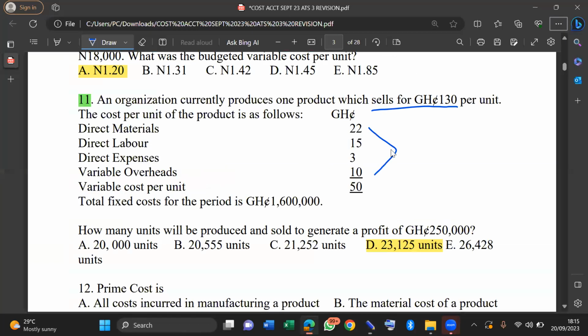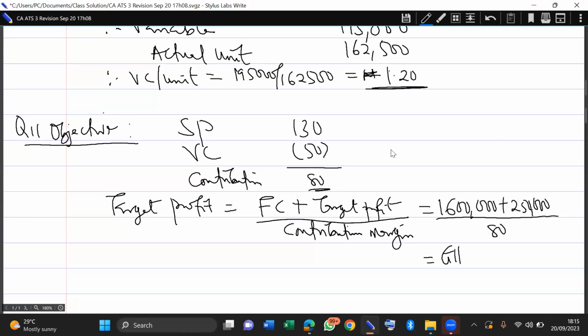What is your answer? 23,125 units. That's how we have arrived at the 23,125 units. Is that clear? Is that okay? Yes, sir.